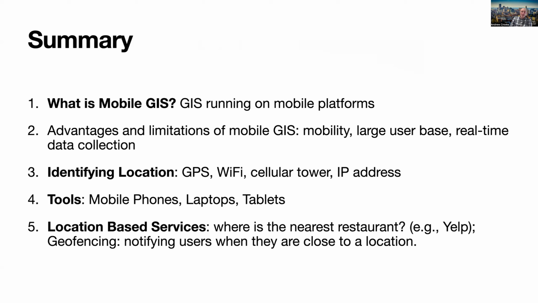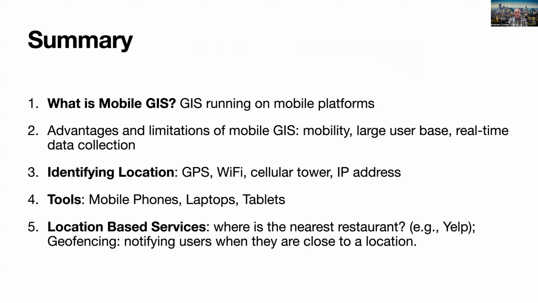You have near real-time data collection, especially if you're connected to the internet, so you can easily send information back and forth. But again, there are some limitations. For example, you can only get updated information if you are connected to the network, or if the battery of your device has not been drained.